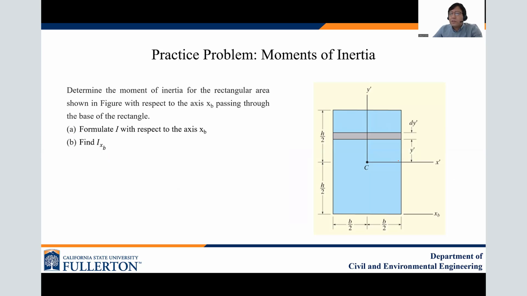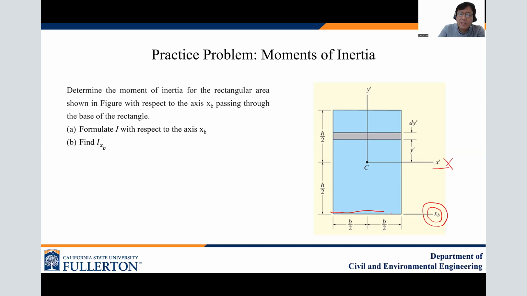This slide shows the practice problem. This problem asks you to determine the moment of inertia for the rectangular area with respect to the axis XB that passes through the base of the rectangle, so not the centroidal axis. That is the change from the example problem. You need to formulate and find the moment of inertia I with respect to the axis XB.